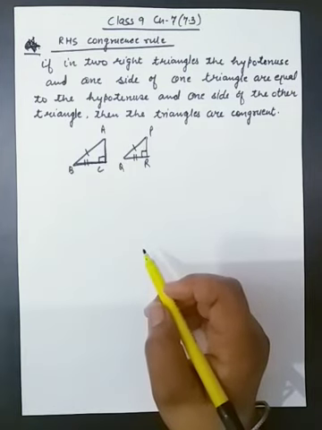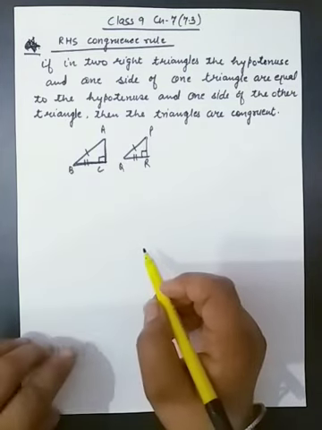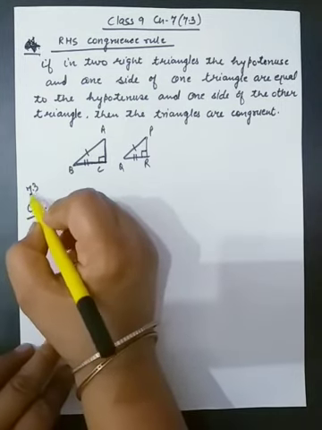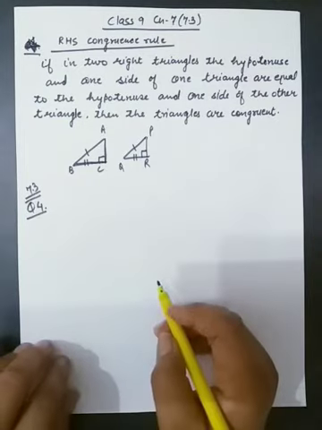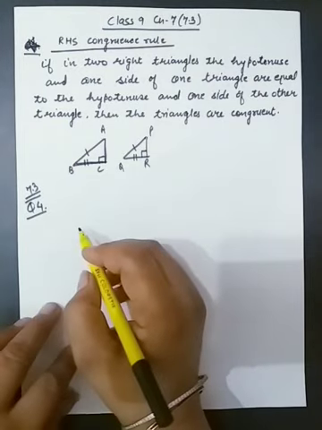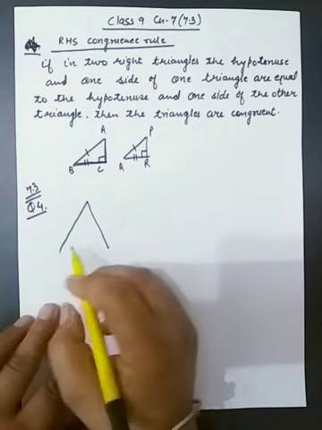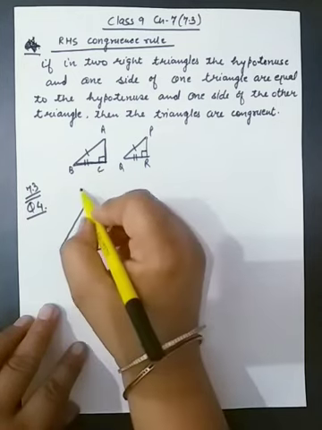Now we have to use this congruency condition to solve question number 4 of exercise 7.3. Now in this question, BE and CF are two equal altitudes. Altitudes mean angle will be of 90 degree.